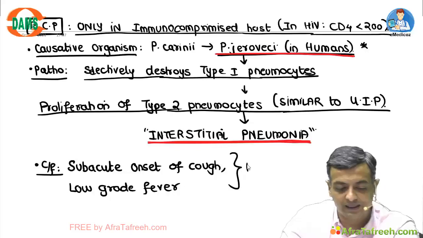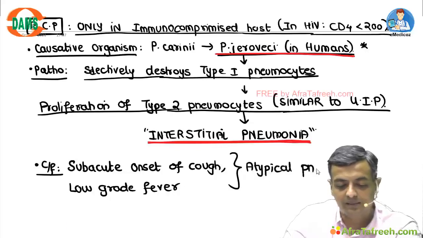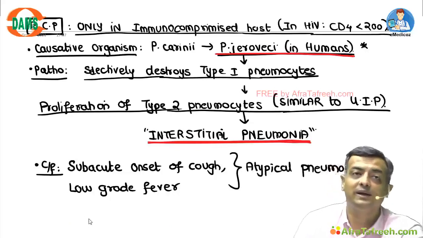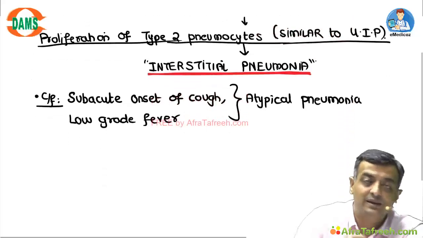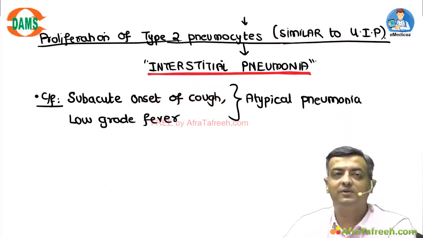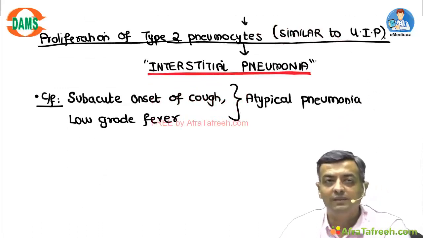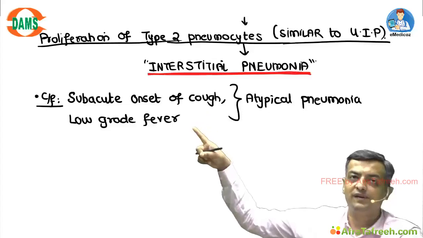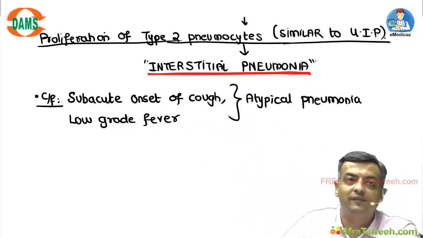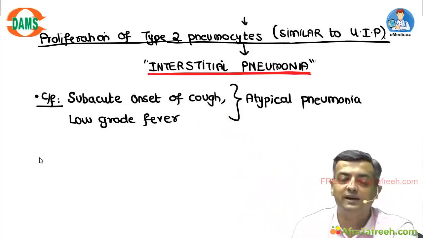So it basically presents as an atypical pneumonia. There may be extrapulmonary symptoms also. But in an HIV patient, when they come with subacute cough and low-grade fever, we must think of atypical pneumonia.